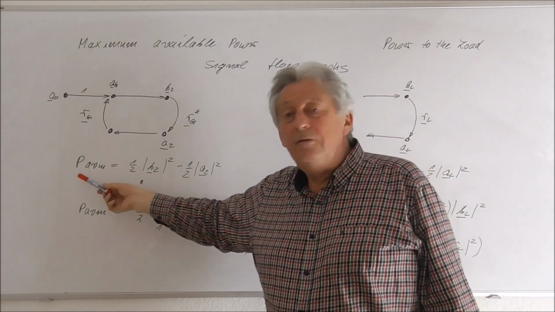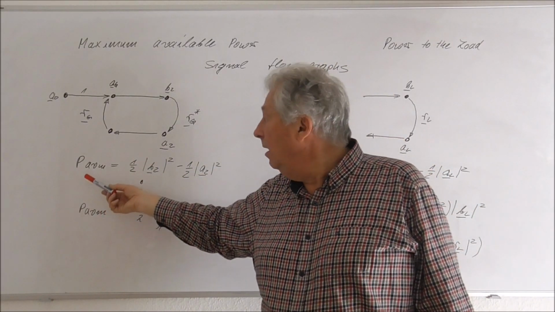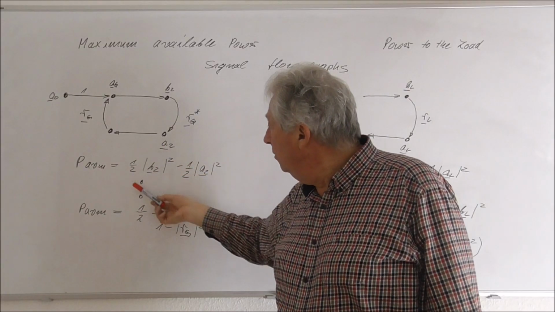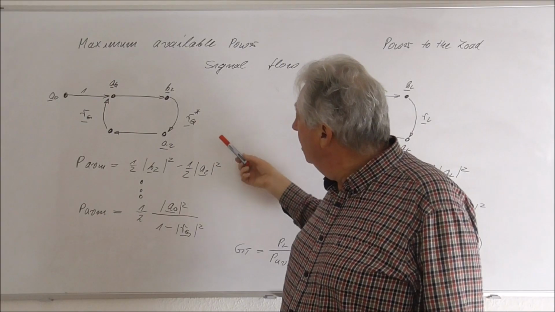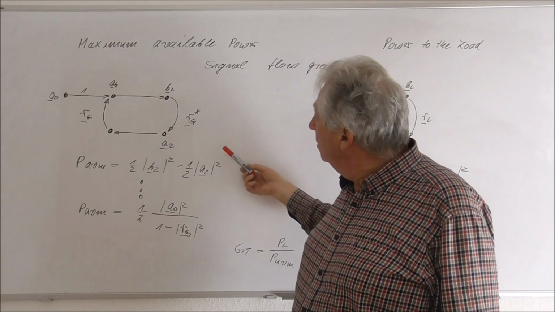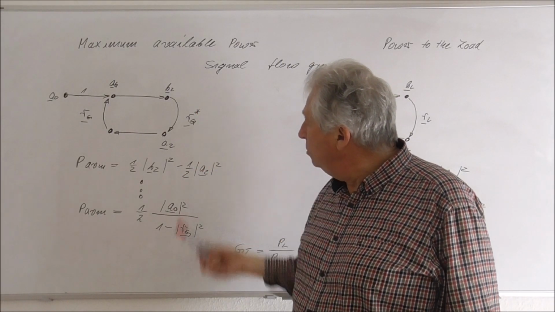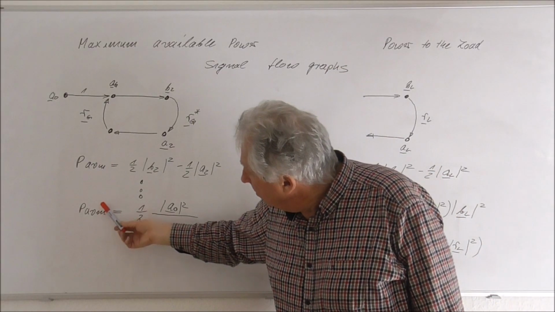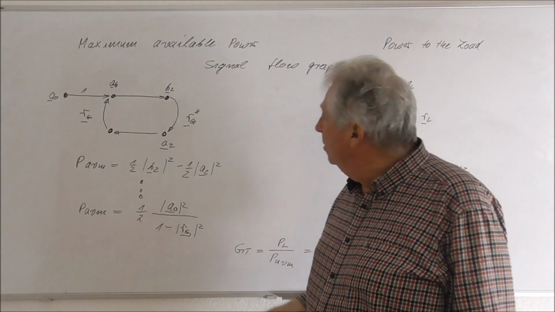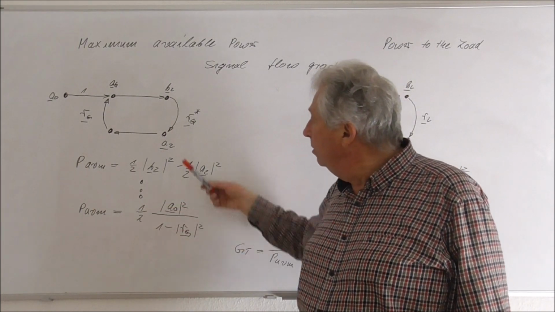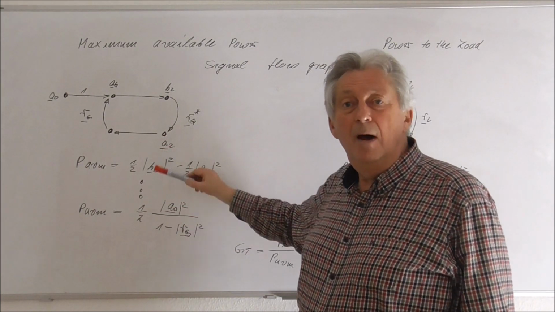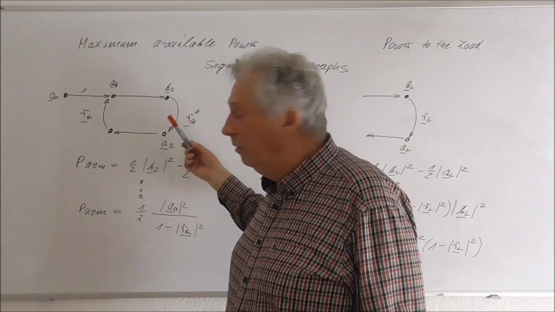So we get the maximum available power as the difference between the power which enters our terminal and the power which comes out of our termination. The overall maximum available power is then given by this equation after some mathematical formulations.